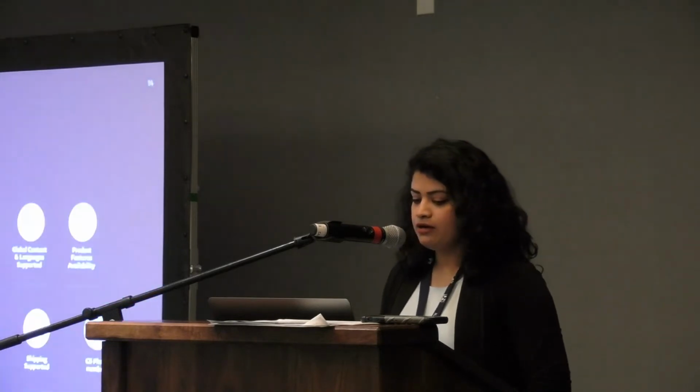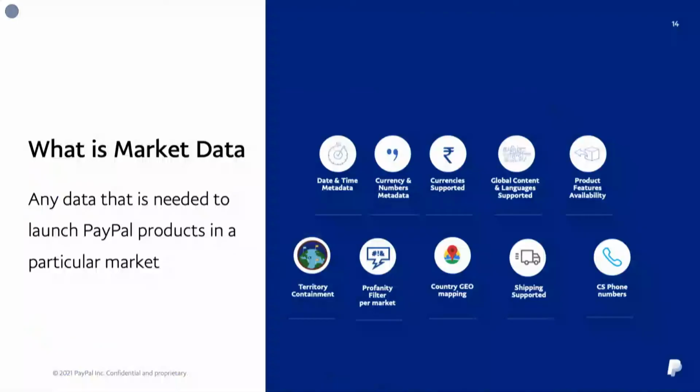So the next element that we identified for making any application world ready is market data. Shibi briefly mentioned what market data is. It is a very vague definition for us, but anything that is regionally changing, regionally dependent, and that an application will need to know in order to launch in that region is market data for us.